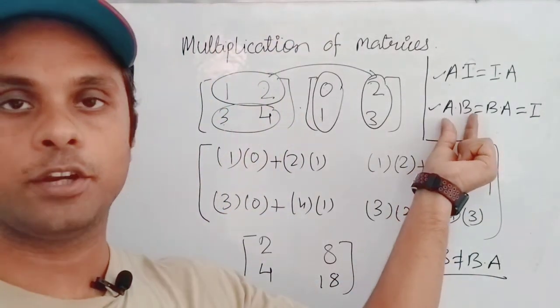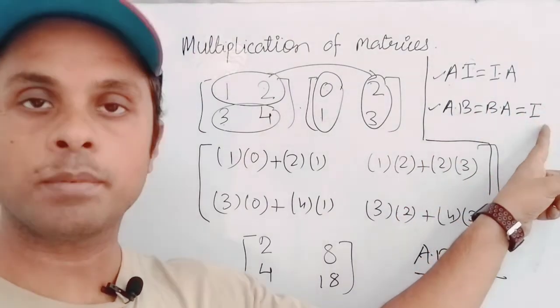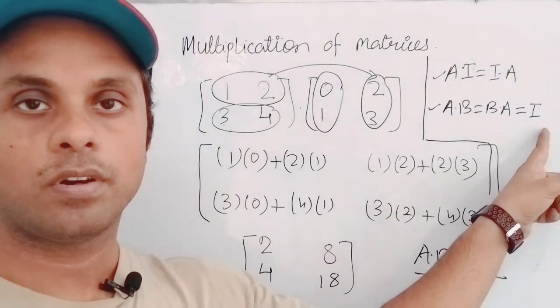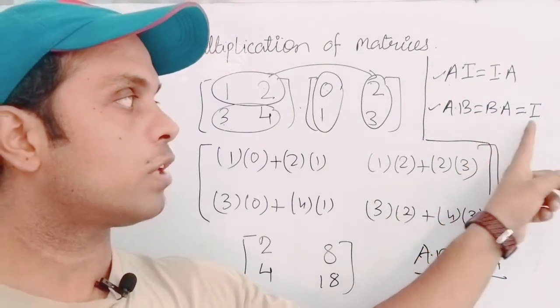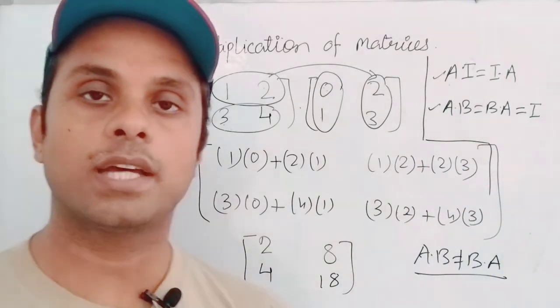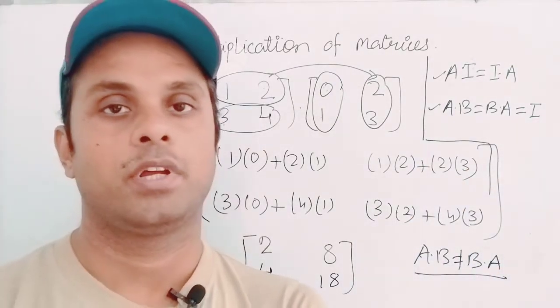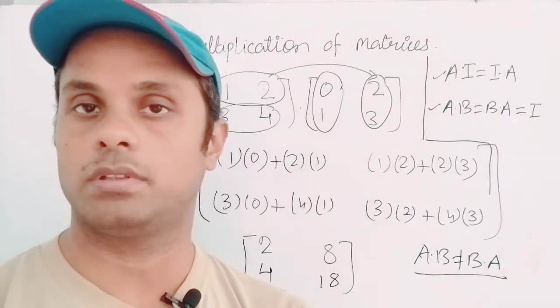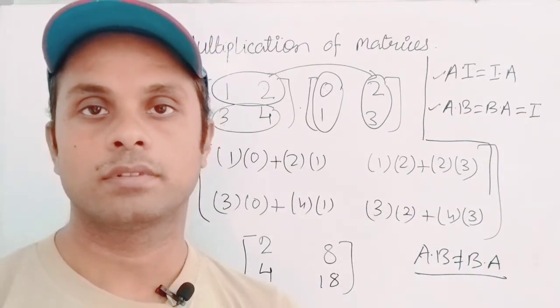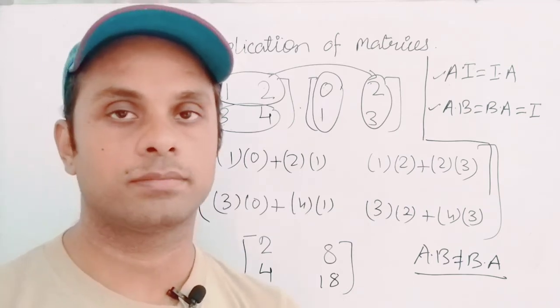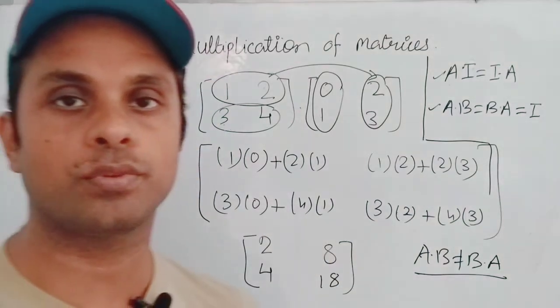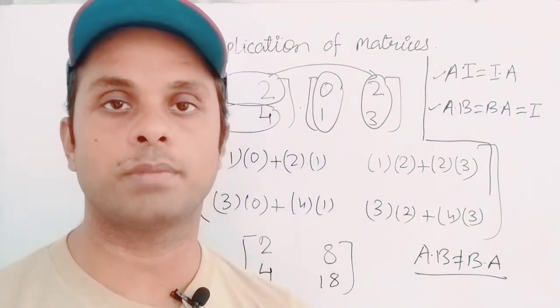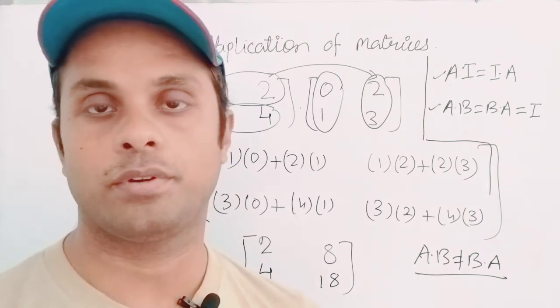If the product of A into B comes identity matrix and B into A is also identity matrix, only then product is commutative. We say these two matrices are invertible. What is invertibility? We will discuss later. Okay, so these are the two conditions when multiplication of matrices is commutative.